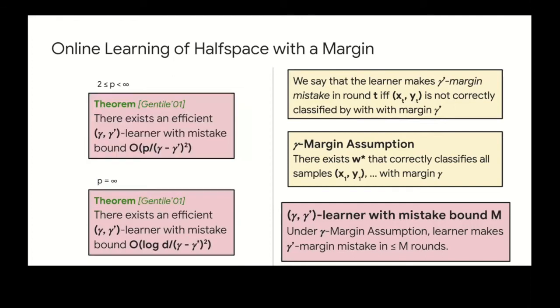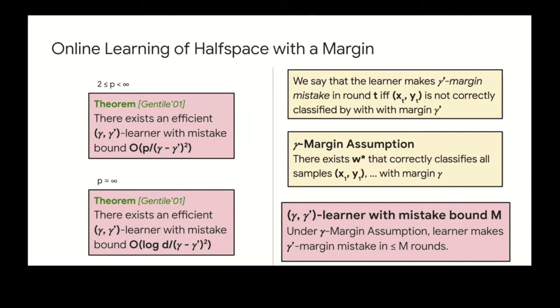For the other Lp cases, Gentile generalized those algorithms, and gets a mistake bound of p over the gap between the two margins squared when p is less than infinity. When p is infinity, the mistake bound becomes log d over the difference between the two margins squared. Those are the known results about online learning with a margin.